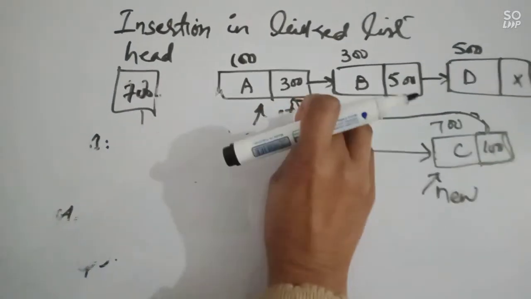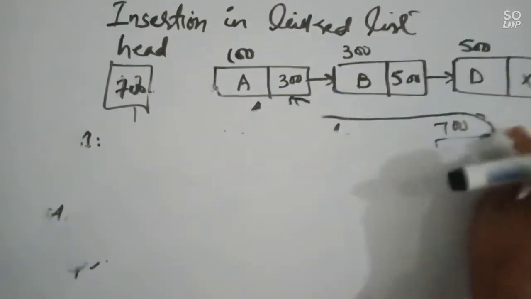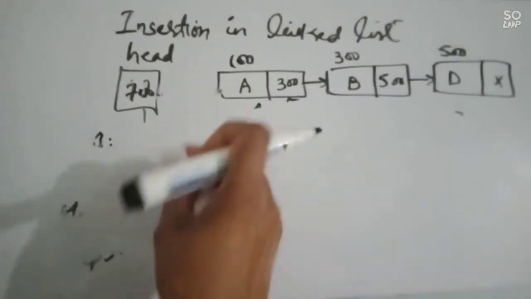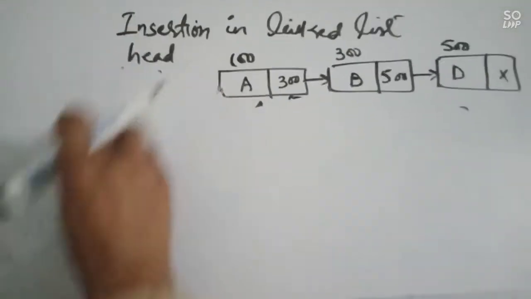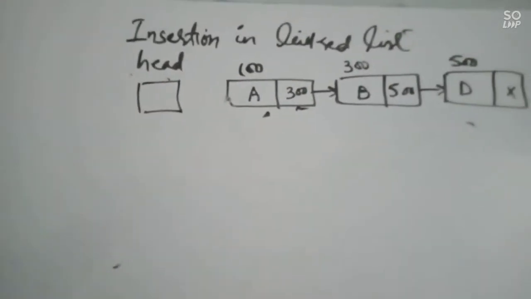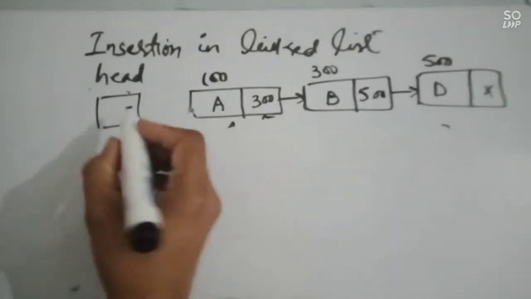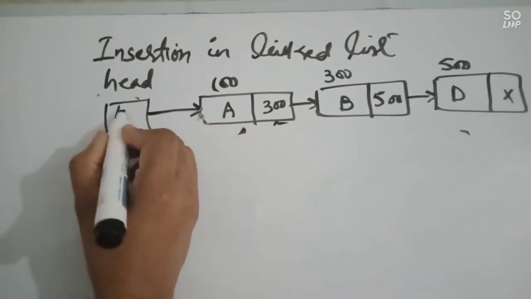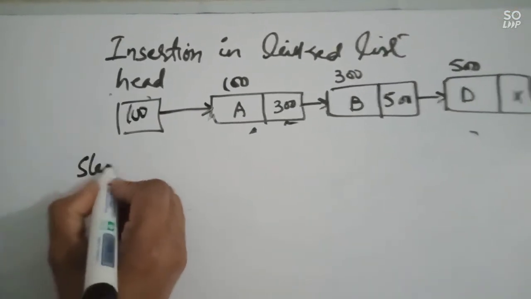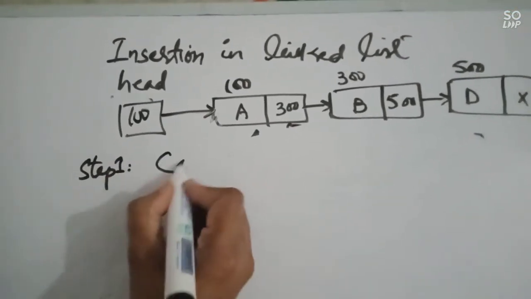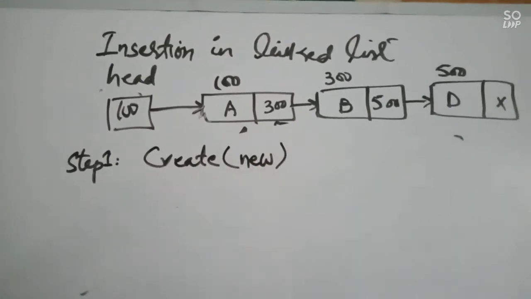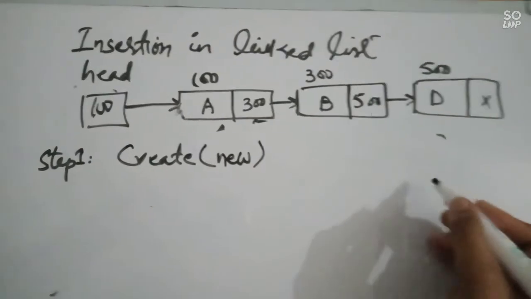Taking the same example, we are going to add a node at the end. Suppose we want to add a node at the end. Similarly, again we will make a new node. Step 1 of the algorithm is to create a new node using the create function.